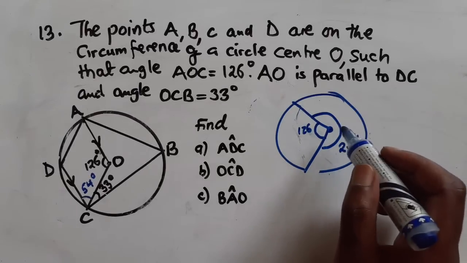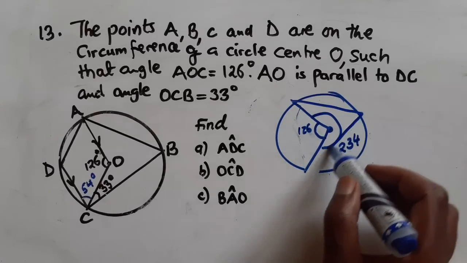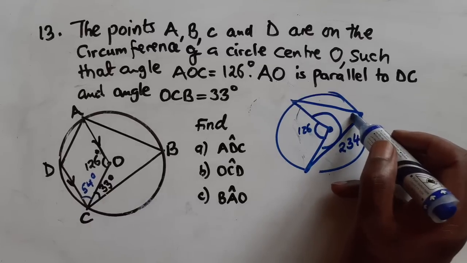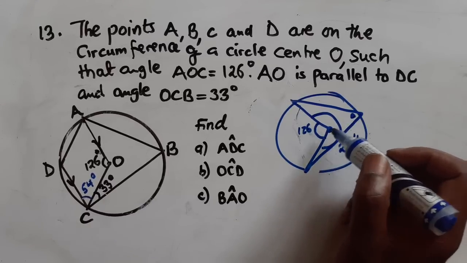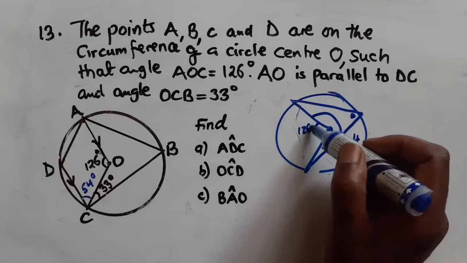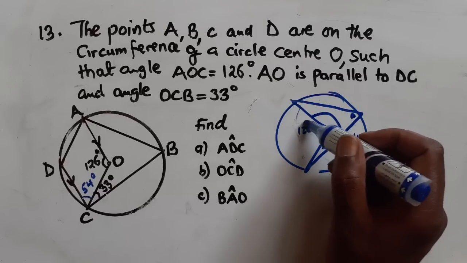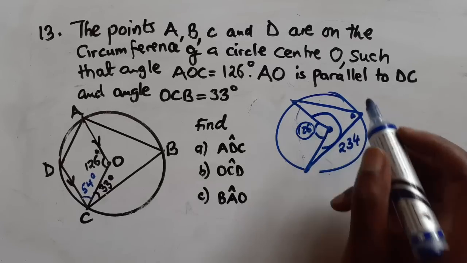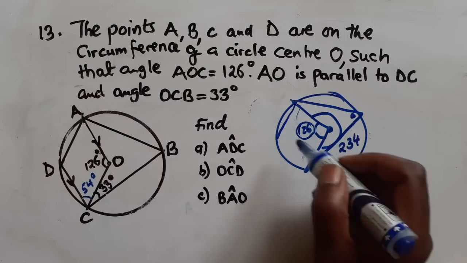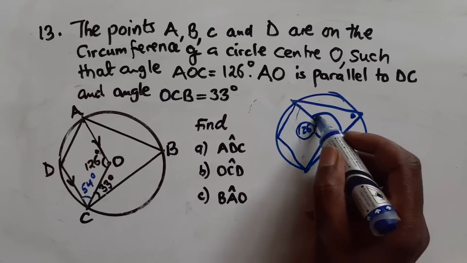Now I want you to understand something here. To get this angle that is here, we divide this one by 2, isn't it? Similarly, to get the angle that is this side here, we need to divide this angle at the center by 2.